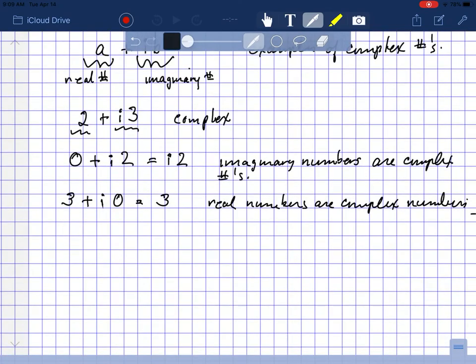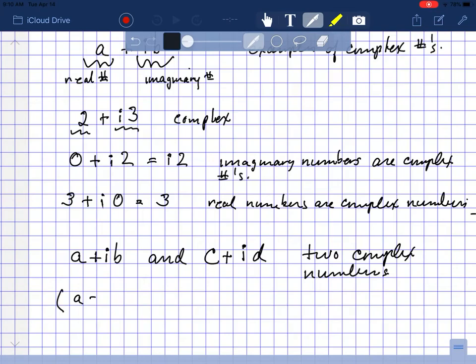Now, what can we do with complex numbers? Well, one thing that we can do with complex numbers is add them together. So suppose I have two complex numbers, let's say a plus i times b, and c plus i times d. So these are two complex numbers, and I want to add them together.